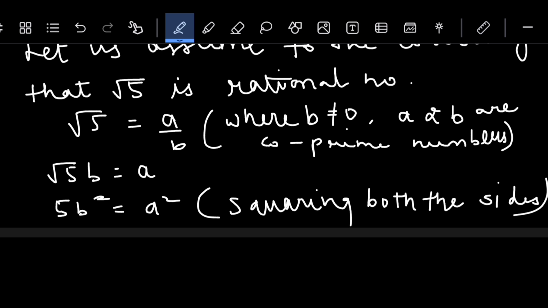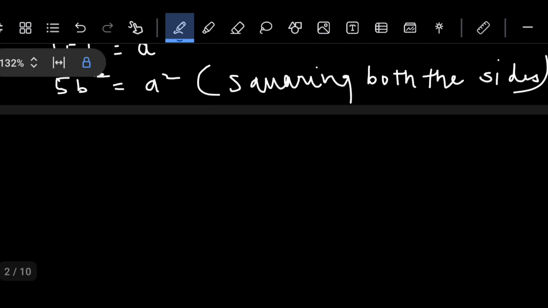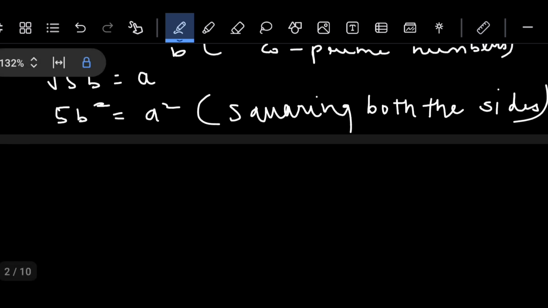Next we know the theorem of irrational numbers, theorem 1.2 in your textbook, that if any prime number p divides a square, then p divides a. So here you have the prime number 5. When 5 divides a square, it also divides a.